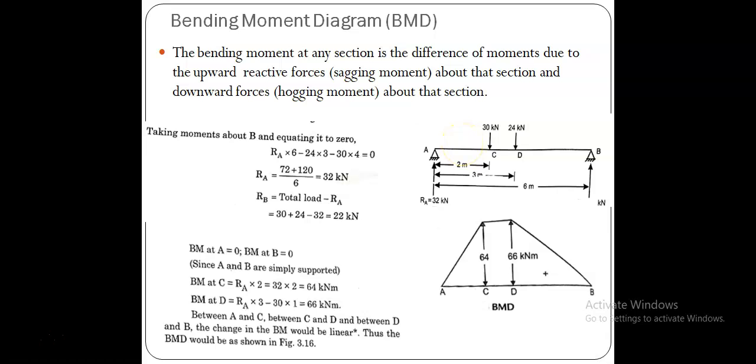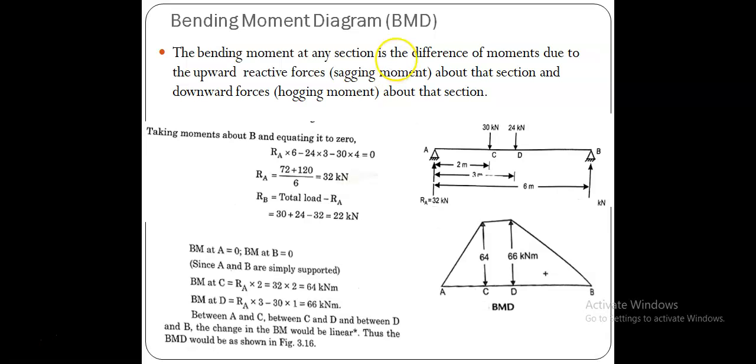Next let us see the bending moment diagram, BMD. The bending moment at any section is the difference of moments due to the upward reactive forces, that is sagging moment about that section, and downward forces, hogging moment about that section. So bending moment is nothing but the net bending moment.